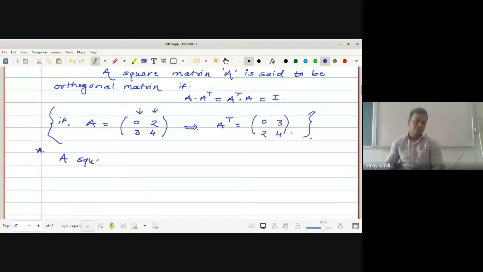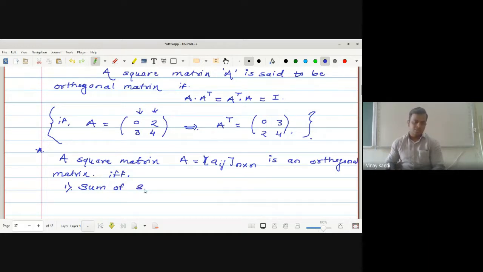A square matrix A = [aij] of order n cross n is an orthogonal matrix if and only if, first, the sum of squares of elements in each row or column of the matrix A is 1.